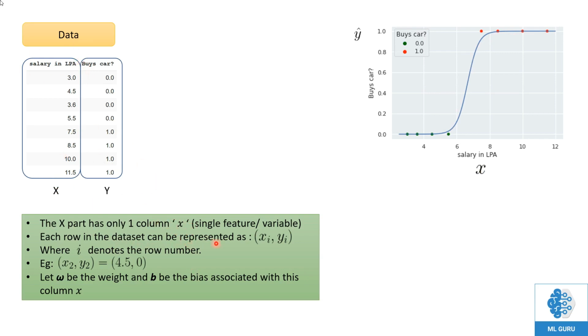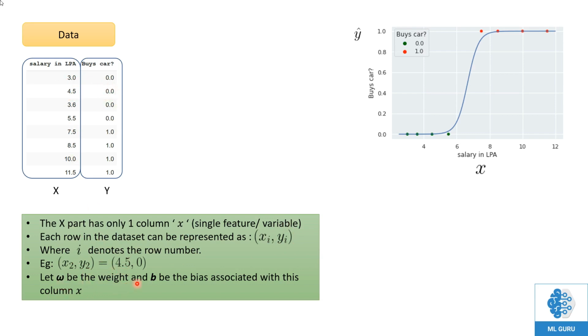So this particular model has only a single feature or single variable. Now each row in this data set can be represented as a tuple which contains two values. The first one is denoted as xi and the second one is denoted as yi, where i denotes the row number. For example, you can represent this second row by x2, y2, which is nothing but 4.5, 0.